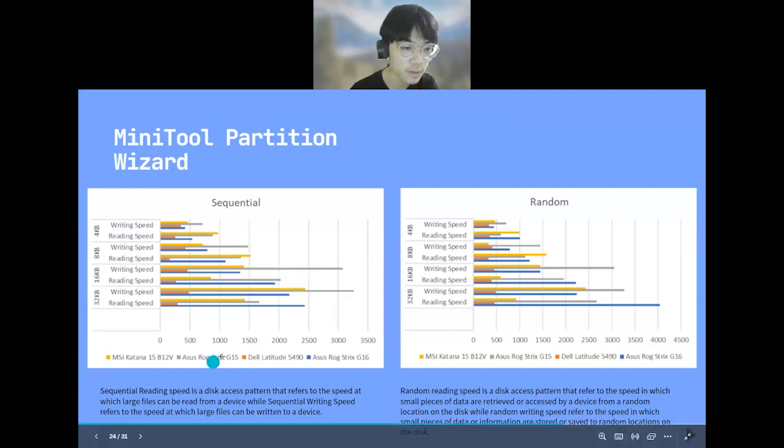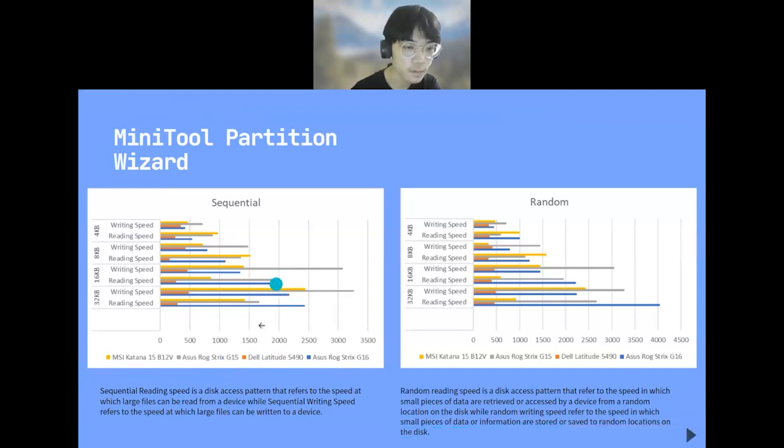The ASUS ROG G15 had the highest reading speed at 16 KB. Then for the 8 KB, the highest reading speed is the MSI Katana 15, and for 4 KB, the highest reading speed is also MSI Katana 15.